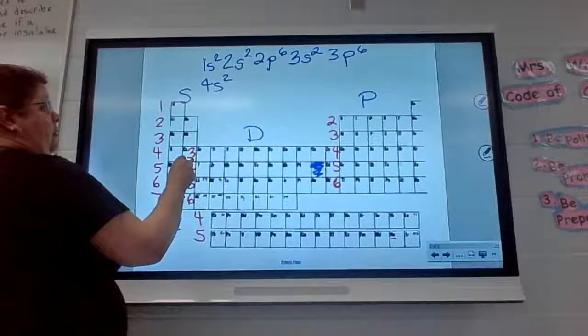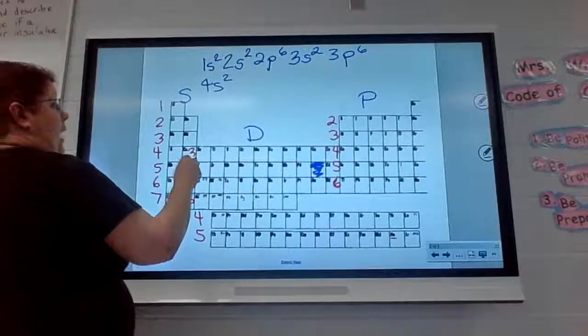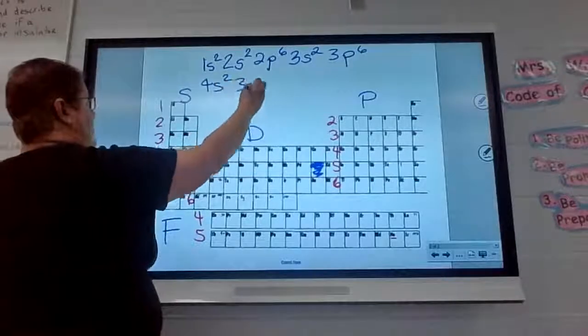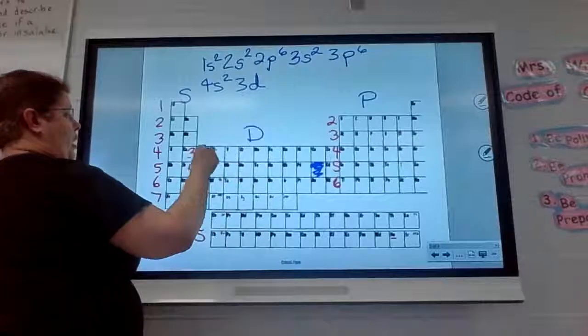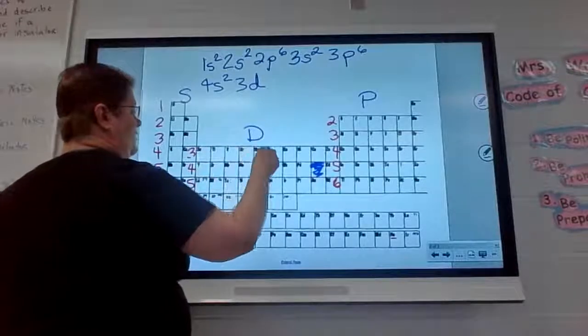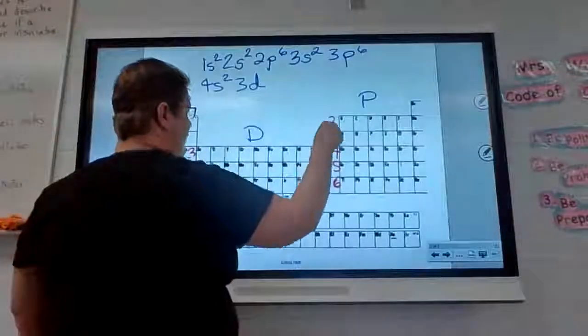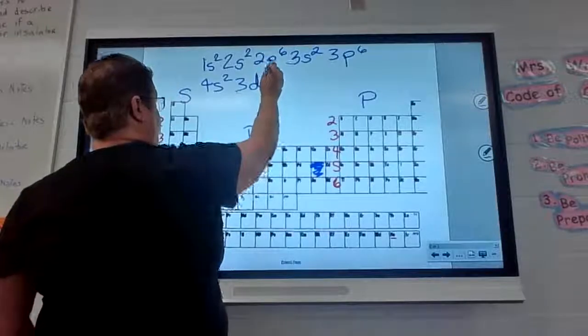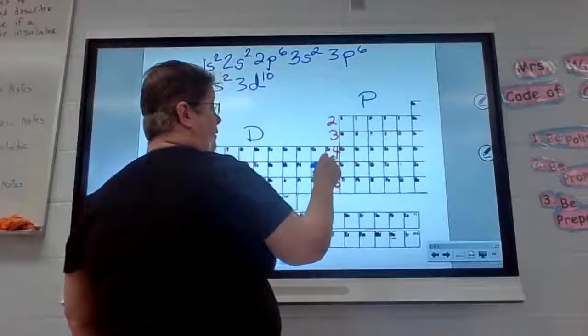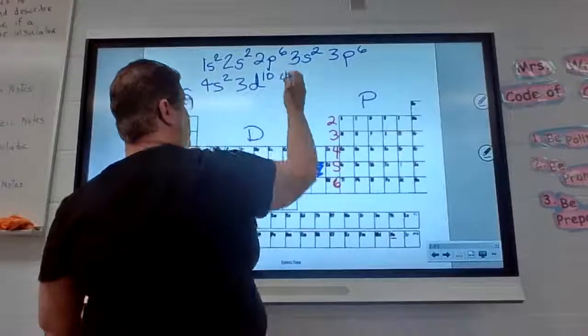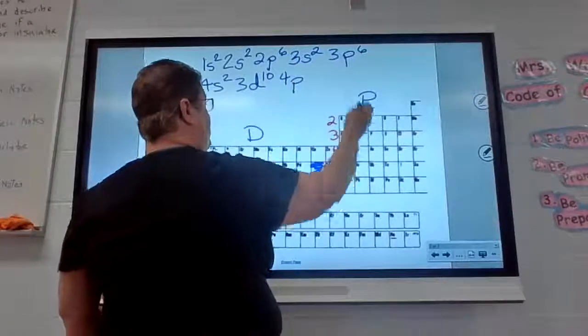So we have what? 3 what? D. 3D. And then how many are right here in this D? 1, 2, 3, 4, 5, 6, 7, 8, 9, 10. So 3D 10. And then we're right here and we have 4P, 6.